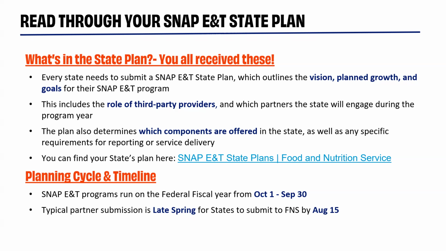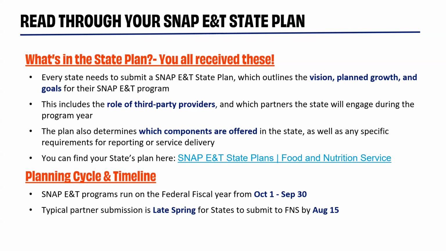Generally, that's when contracts work as well. Some are more on a state fiscal year, but looking to contract October 1st is generally the time to do that. There are some opportunities for states to do a mid-year amendment to add a contract, but that's a little bit less likely than at the federal fiscal year start.